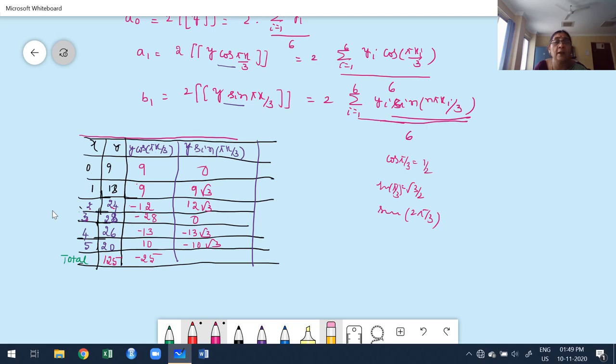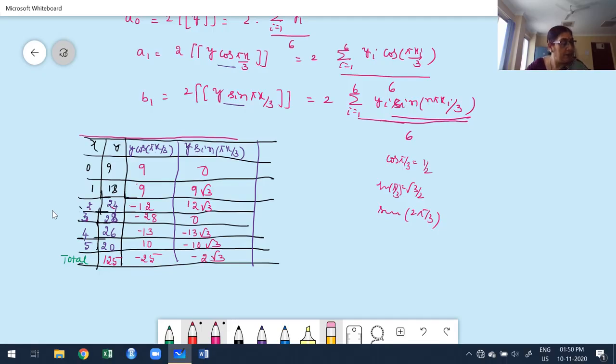You simplify that. Observe, everyone has the minus 23 root 3. This is 9 plus 12, 21 root 3, and then minus 23 root 3. We get minus 2 root 3 as the total.